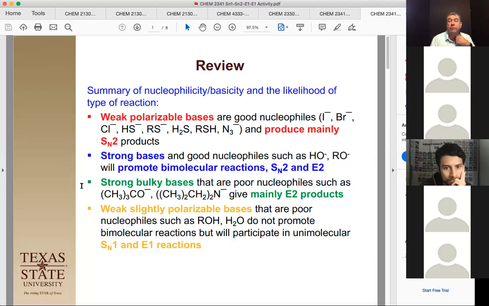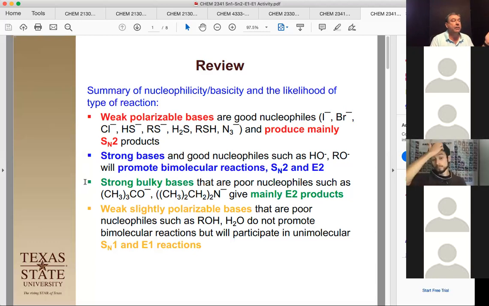I'm going to stop sharing. This will come out with the activity, but it will also help you with your SN1, SN2, E1, E2 homework. So basically, we're looking at what kinds of acids and bases we have. We just covered that in the last half of this module right here. What makes a strong base a strong base?